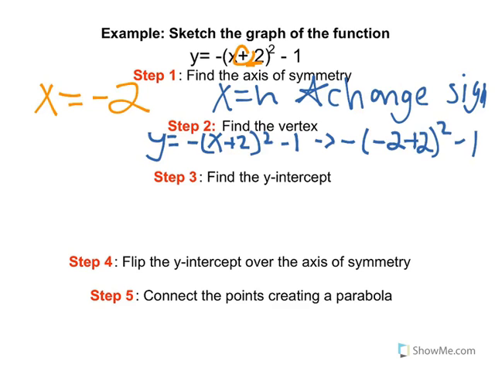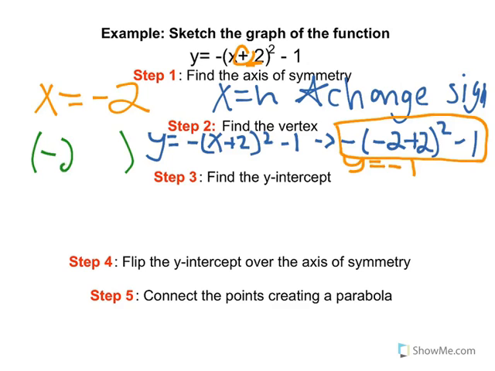Now we need to evaluate this for y. Remember, if you're going to do it by hand, follow order of operations. If you're going to use a calculator, you better plug everything in exactly how it looks with parentheses and negative signs. When I evaluate this, we get y is going to equal negative 1. So our vertex is negative 2, comma, negative 1.